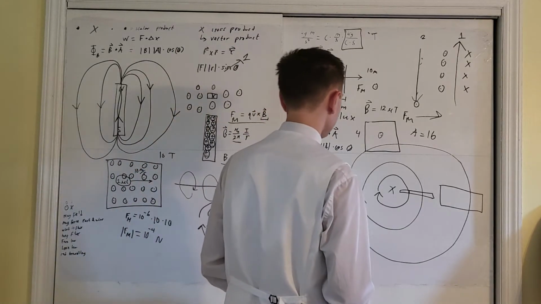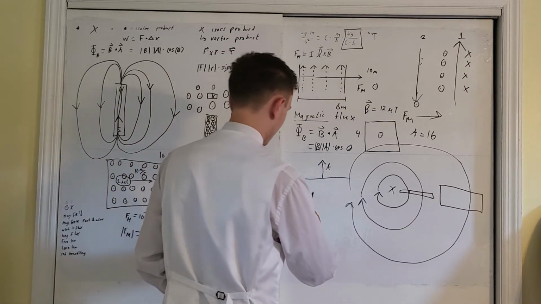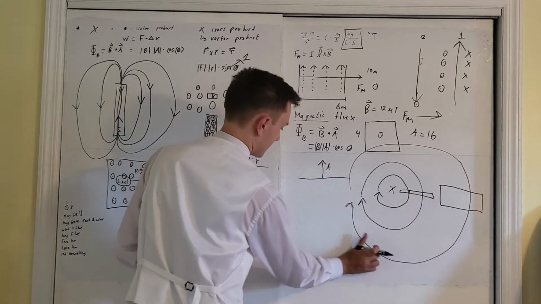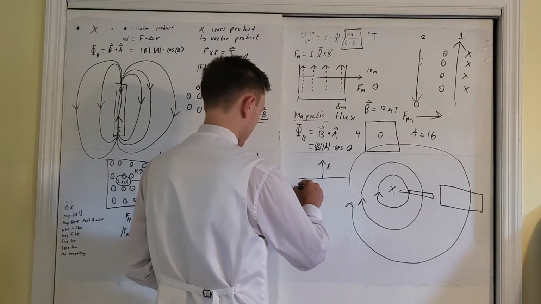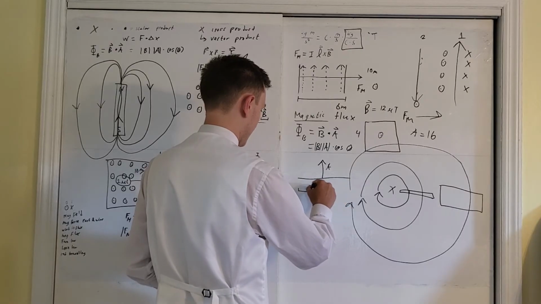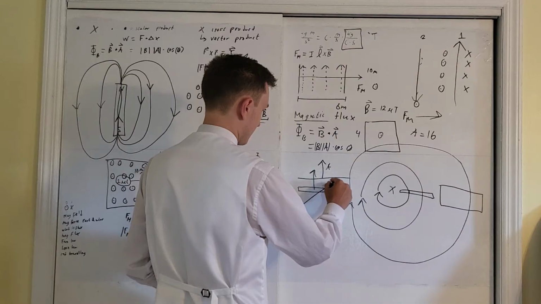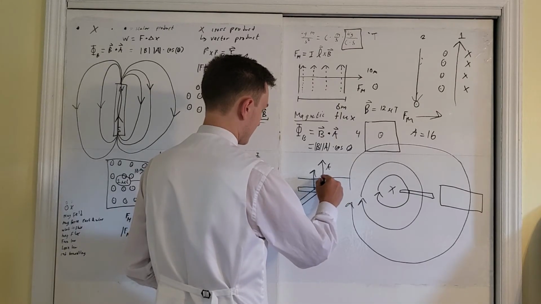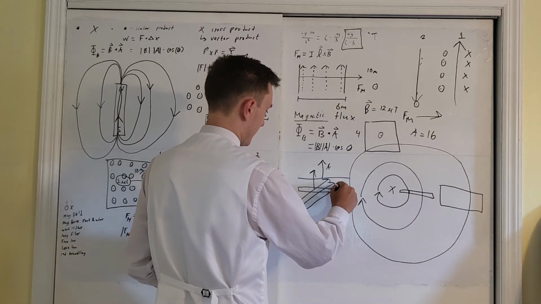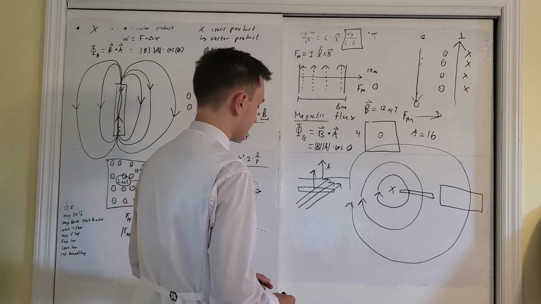Okay? Another common point at which they assess your knowledge of flux is when I have an area vector pointing directly up and I have magnetic field vectors that are not parallel to the area vector.